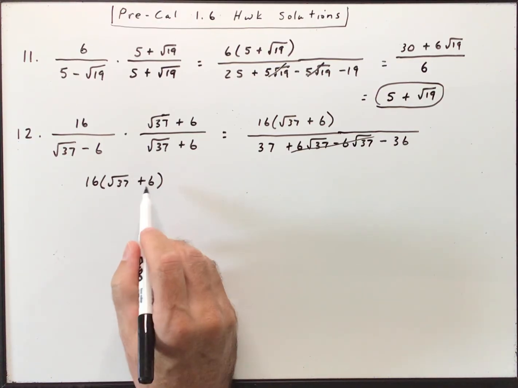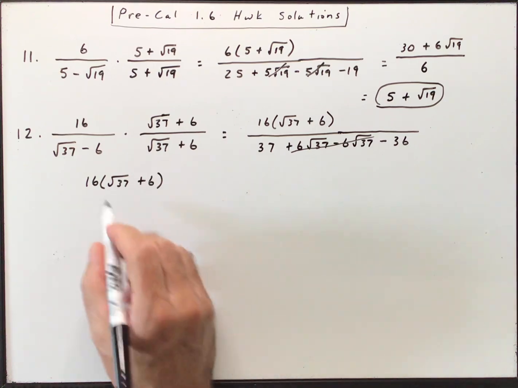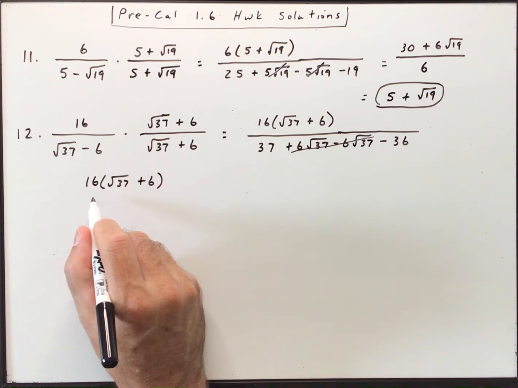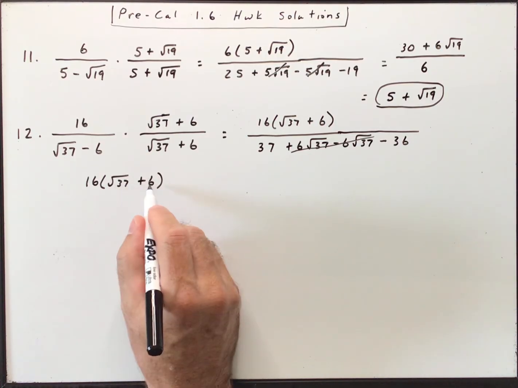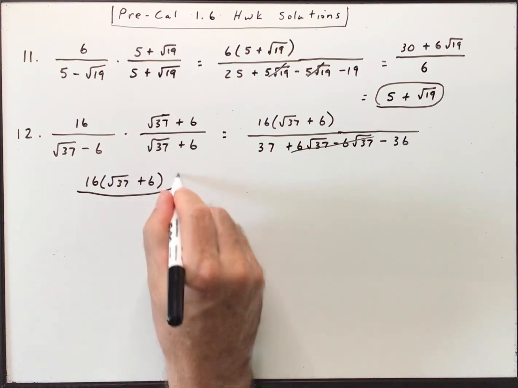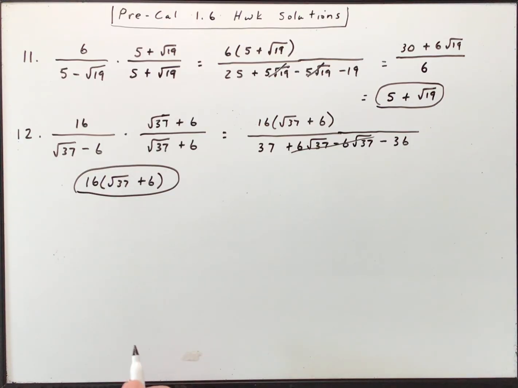And so I can't, like in this one, we could divide the 6 into the 30. 1 doesn't change anything. So you just end up with 6 times the square root of 37 plus 6. If you want to multiply those two out, you can, but since you can't reduce it any further, then I'm fine with not distributing the 6.